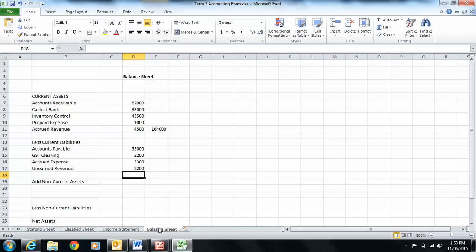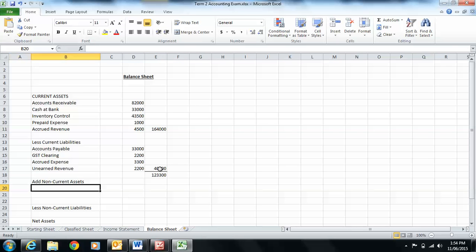So we can total these up now and say, okay, these are our current liabilities of $40,700. So after current assets and current liabilities, we've got a balance situation of $164,000 minus this $40,700.